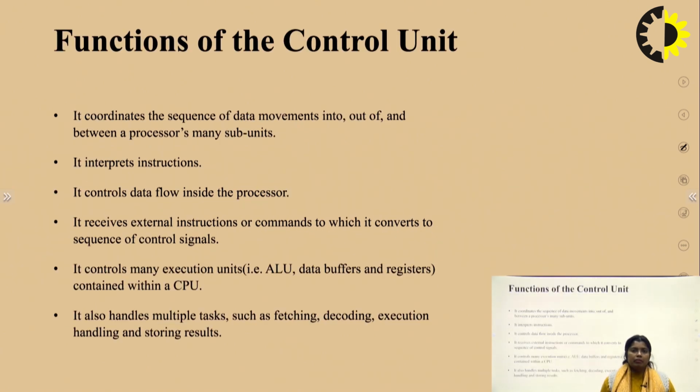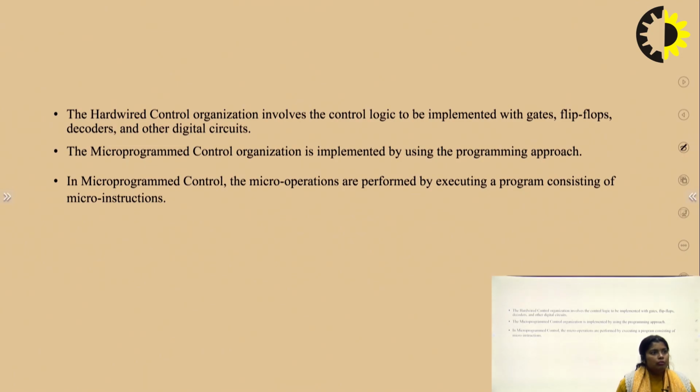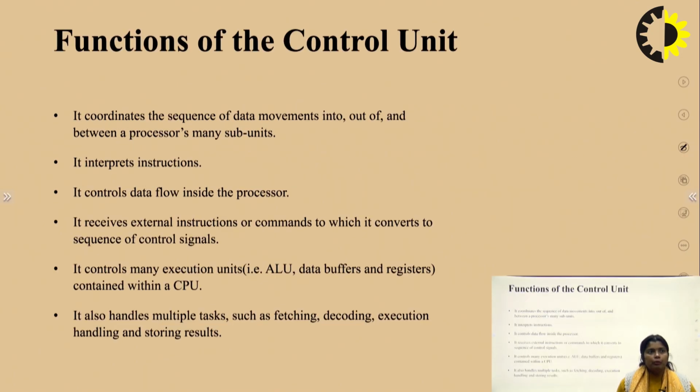Now the main functions of the control unit: it coordinates the sequence of data movement into and out of the CPU. It interprets the instructions and also handles multiple tasks such as fetching, decoding, execution handling, and so on. The control unit is designed by two methods, a hardwired control unit and a microprogrammed control unit.